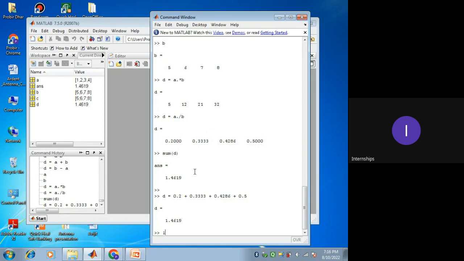I'm asking you because you are not interacting. So I am not sure how many of you have the idea of MATLAB. So I am asking you. I think some of you may know this one. Can anybody tell me what is the command to find out the number of elements in D?